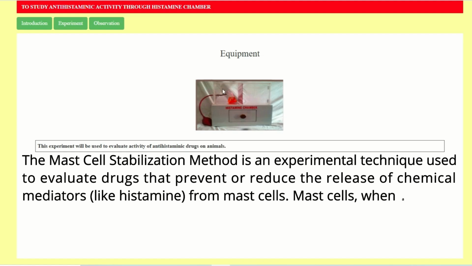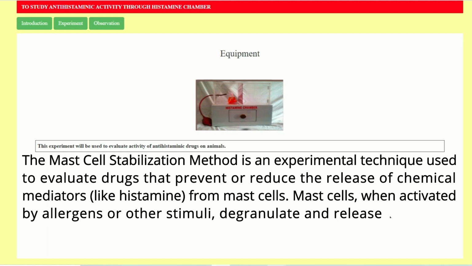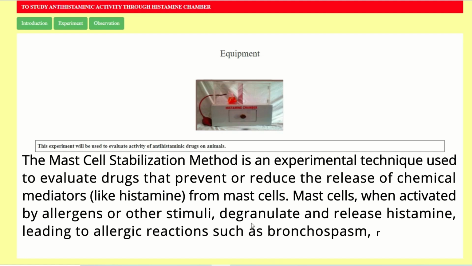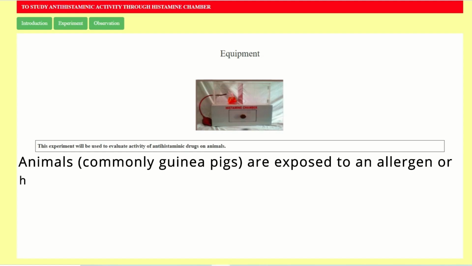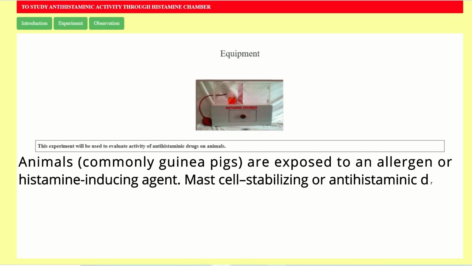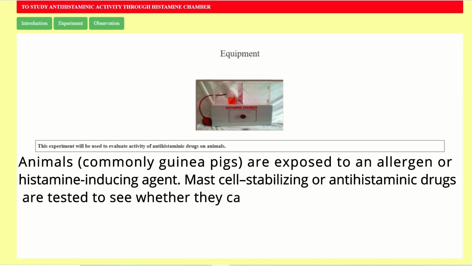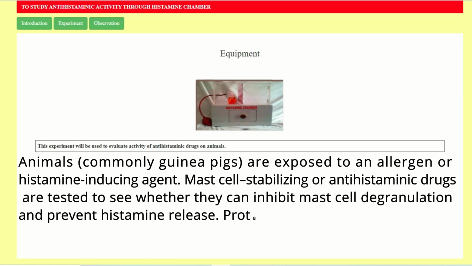Mast cells, when activated by allergens or other stimuli, degranulate and release histamine, leading to allergic reactions such as bronchospasm, rhinitis and inflammation. In this method, animals, generally guinea pigs, because they are very sensitive to histamine, are exposed to allergen or histamine-inducing agents. Mast cell stabilizing or antihistaminic drugs are tested to see whether they can inhibit mast cell degranulation and prevent histamine release.